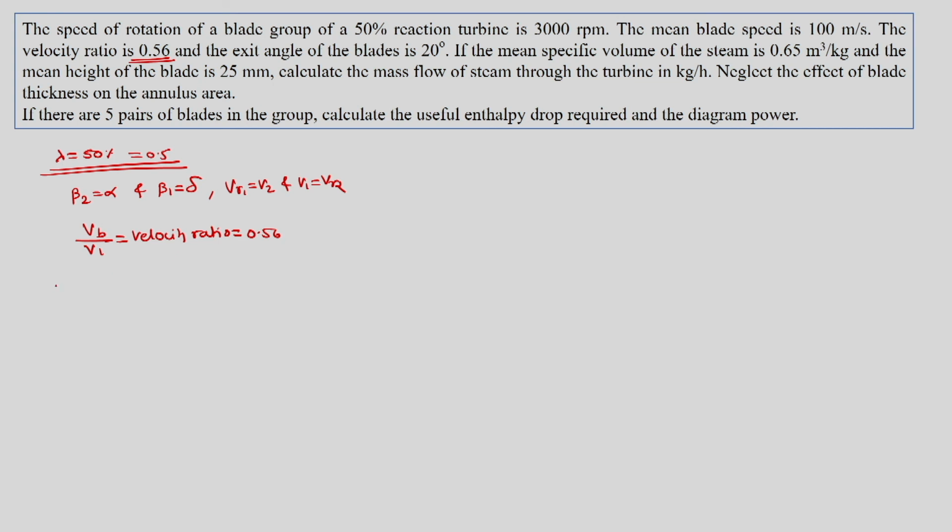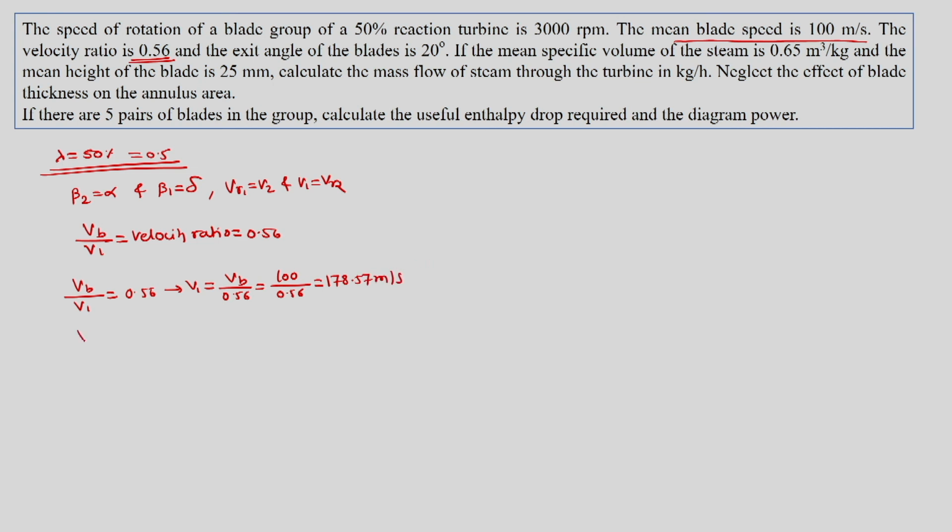We can make use of the fact that we are told the mean blade speed is 100 meter per second. So VB upon V1 is equal to 0.56. So V1 is equal to VB upon 0.56, which is 100 divided by 0.56, which is 178.57 meters per second.